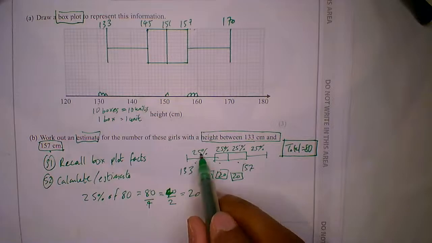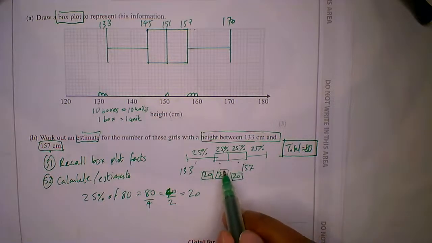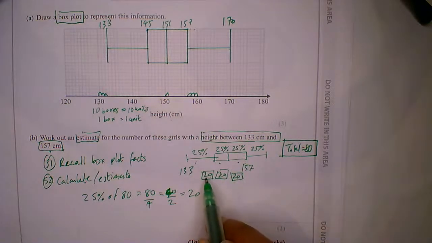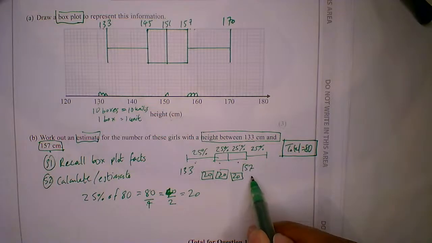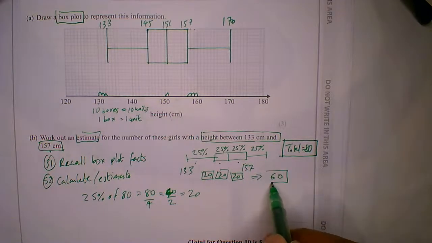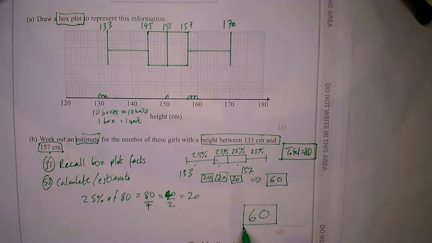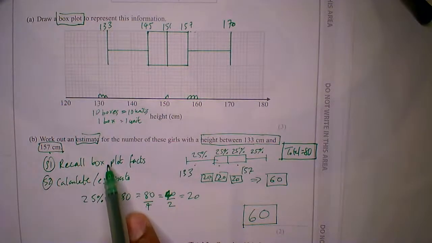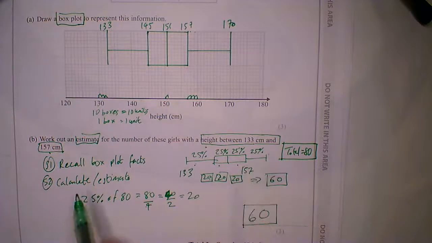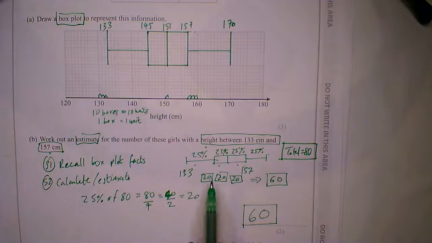So 25% represents 20, 25% represents 20, 25% represents 20. So I've got 20, 40, 60. My estimate is 60. I've recalled my box plot facts, 25%, and then calculated 25% of 80, so 20, 20, 20 gives 60.